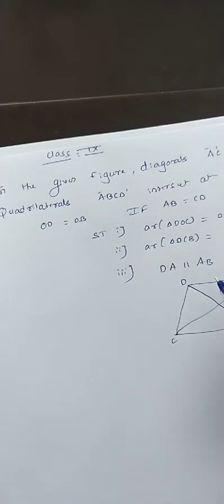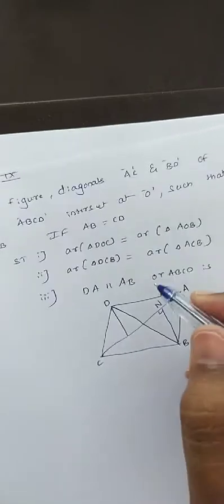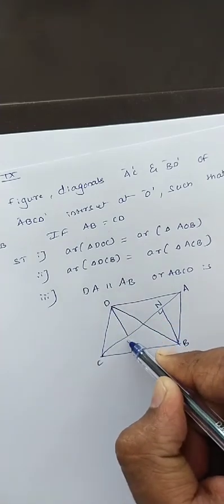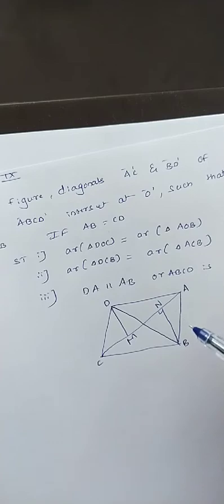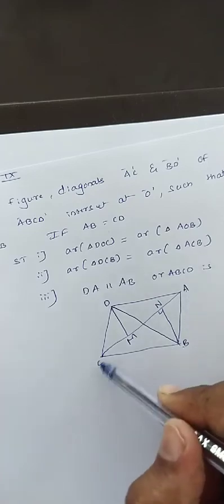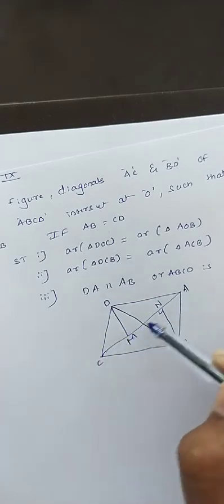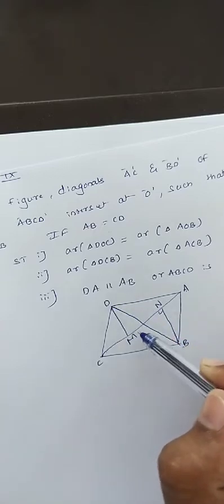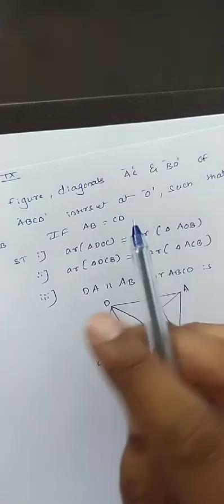From AC, I will draw two perpendiculars, from D and from B. This I will call N, and this I will call M. So here I have drawn the quadrilateral ABCD. From the diagonal AC, I draw two perpendiculars from B and from D, which I will call M and N.